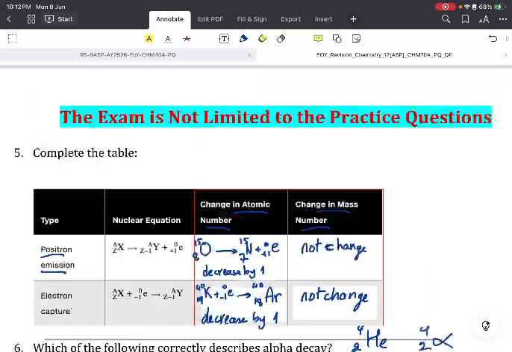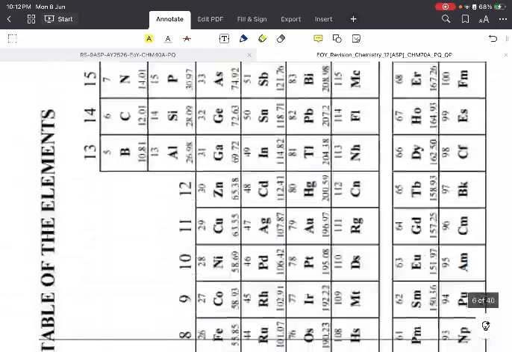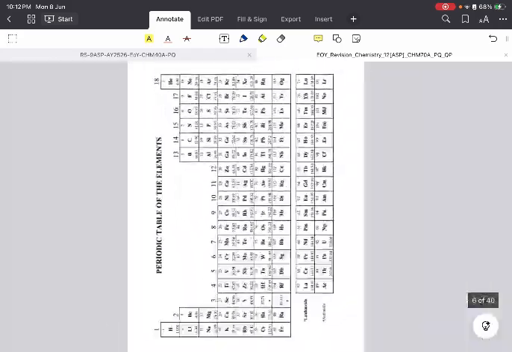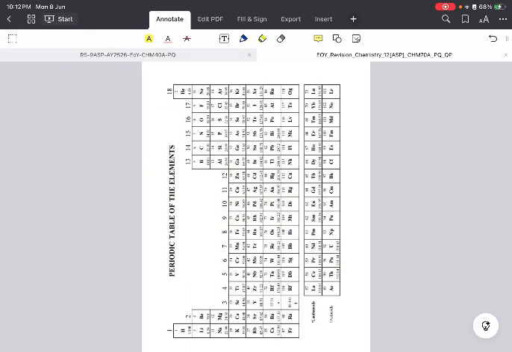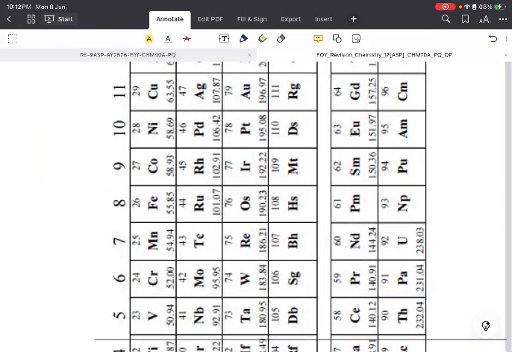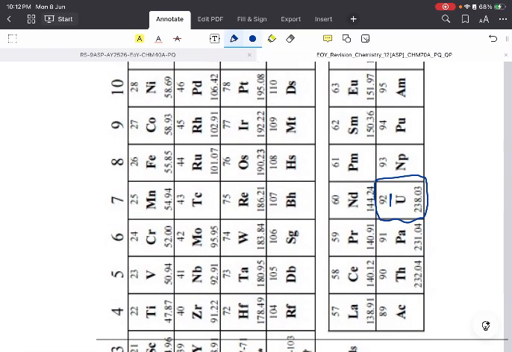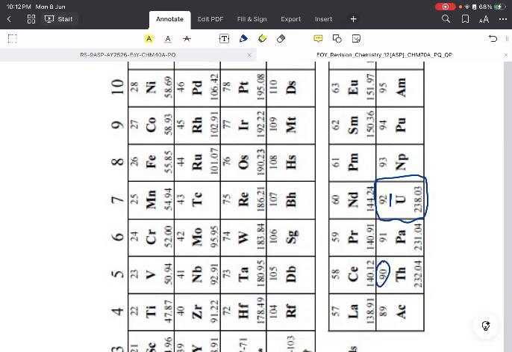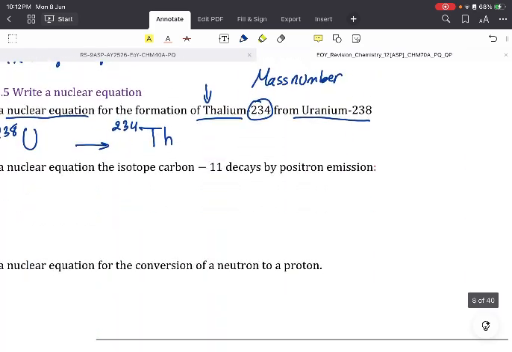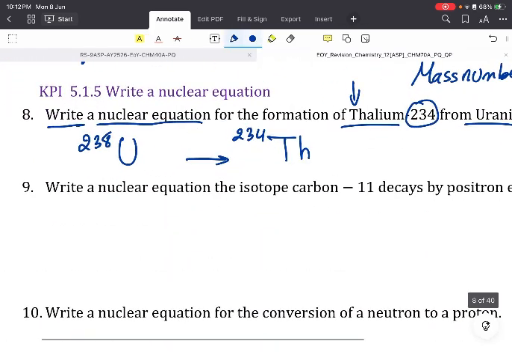Now let's go to the periodic table. In the periodic table, that is the uranium over here. So the atomic number is 92 and the thallium is 90, Th 90. So here I'm gonna write 90 and here I'm gonna write 92.